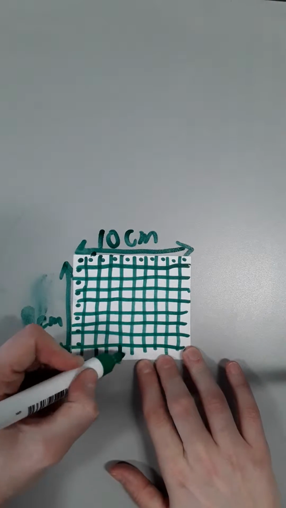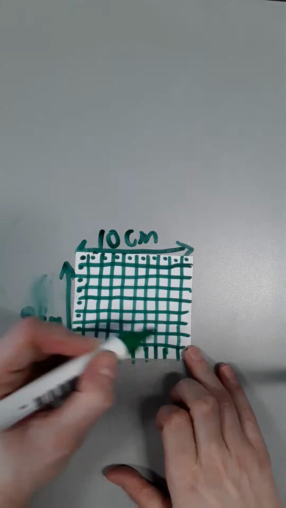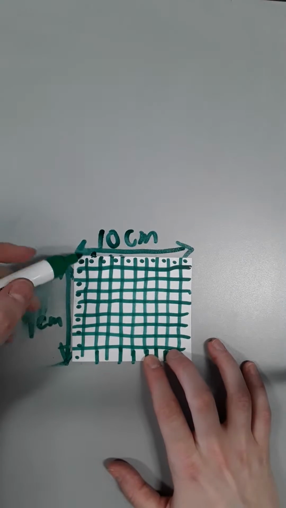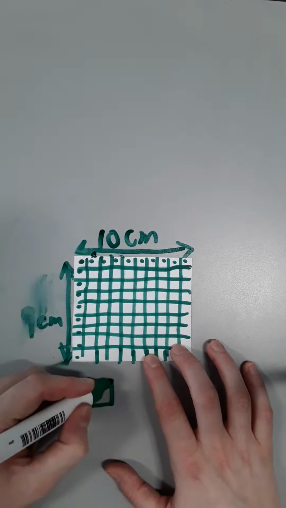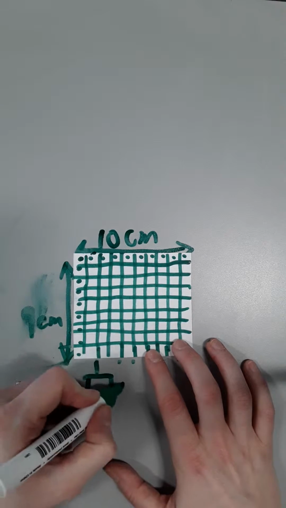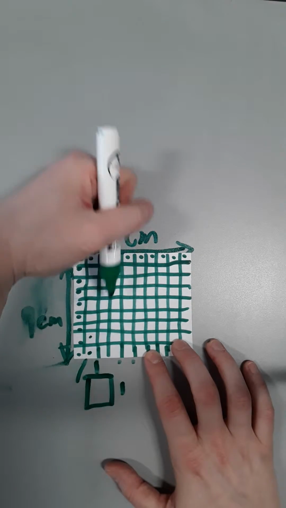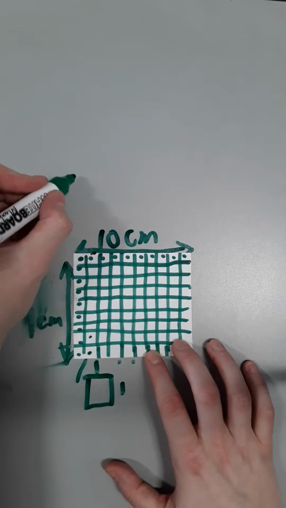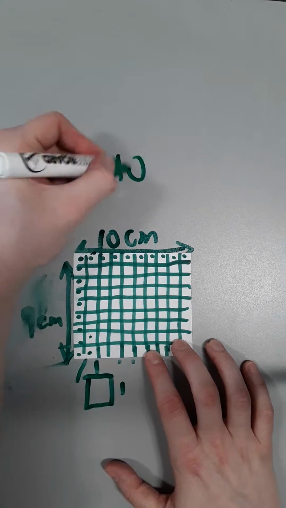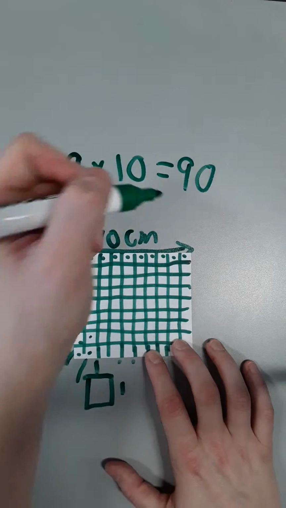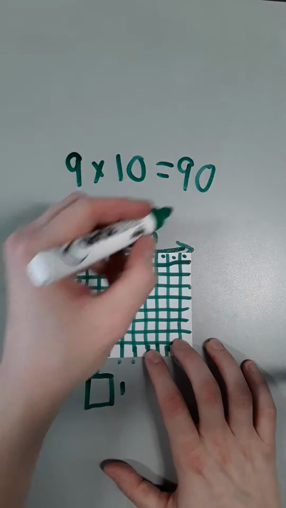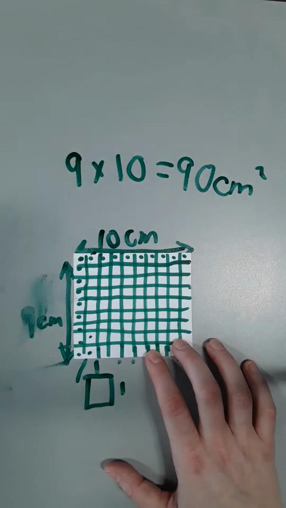Okay, and all in all, do you notice that now my area is made out of 1 centimetre squares? So that would be one here, another one here. Now if I have 10 going this way and 9 going this way, basically what I need to do is just do 9 times 10, which gives me 90, and that means I have 90 centimetres squared.